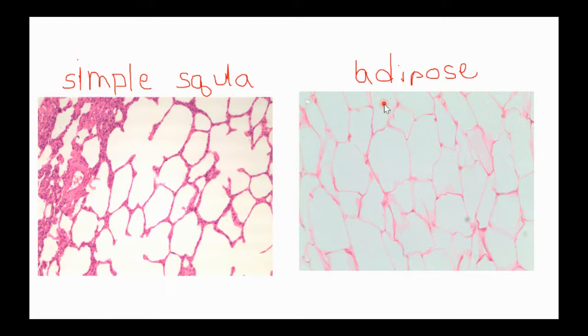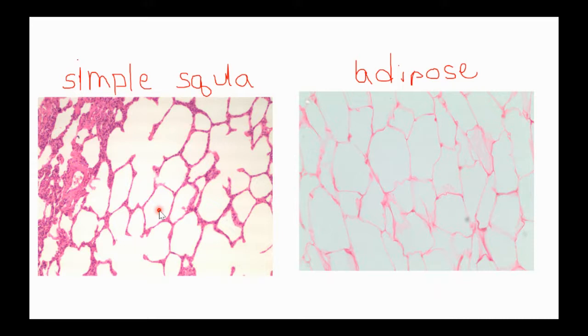When I put the tissue onto a slide, all of the lipids washed away. So it looks empty, but in real life, this would be full. There would be a huge lipid droplet inside of here. So white adipose tissue, it looks like there's an empty space. That's where the lipid droplet would have been. Simple squamous epithelium, it looks like there's empty space because there is. That's where the air would have been.